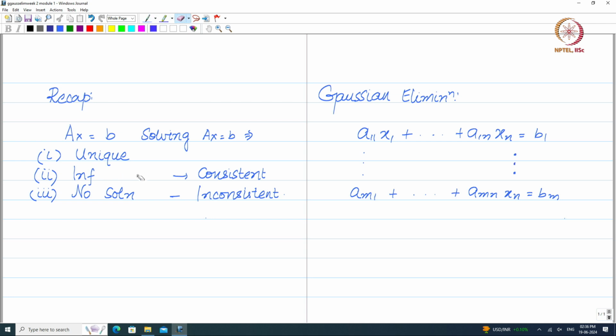And the last equation am1 x1 plus am2 x2 plus amn xn is equal to bm. This is represented in matrix form, with matrix A, vector x and vector b.